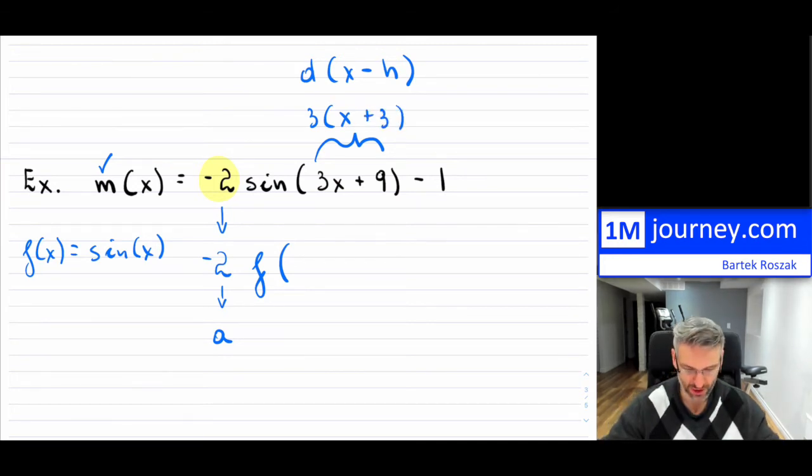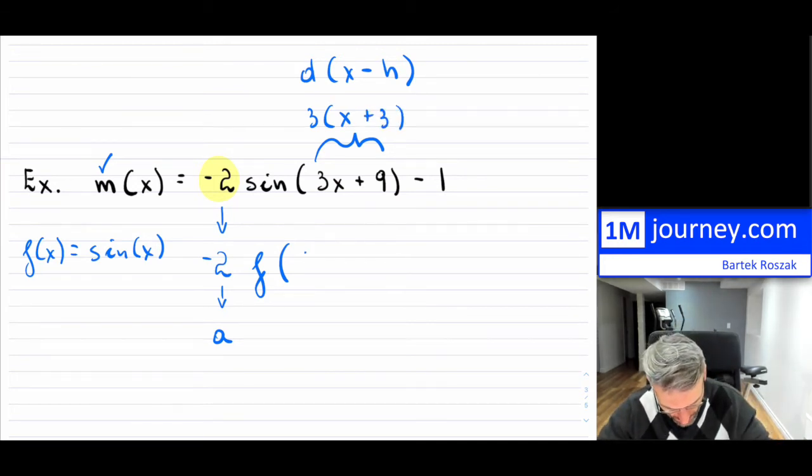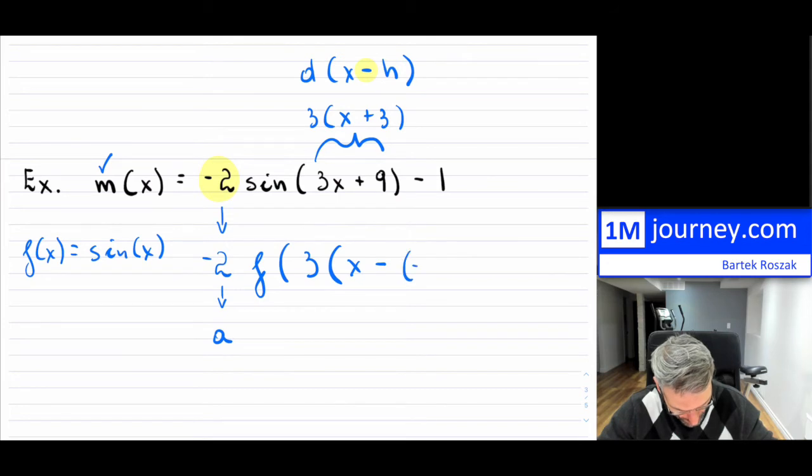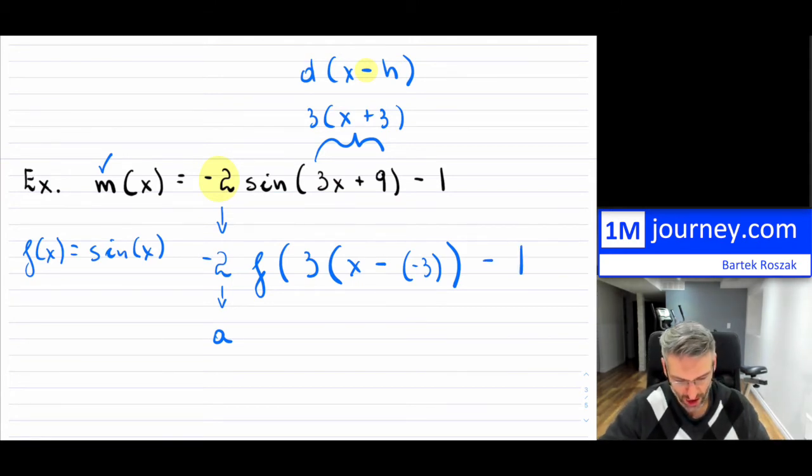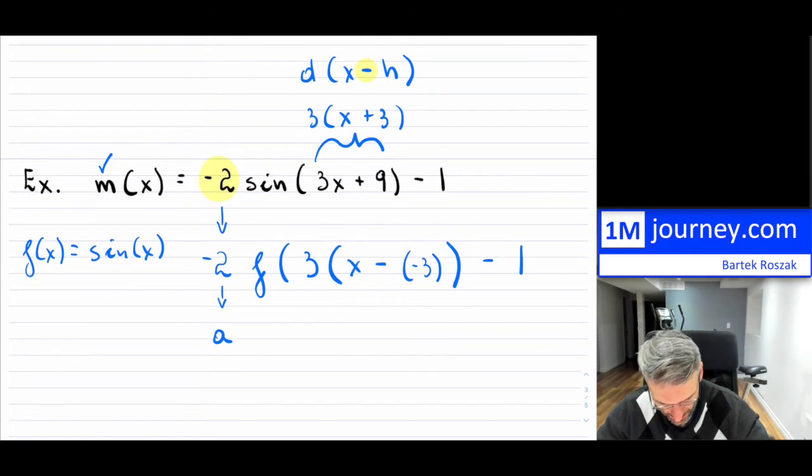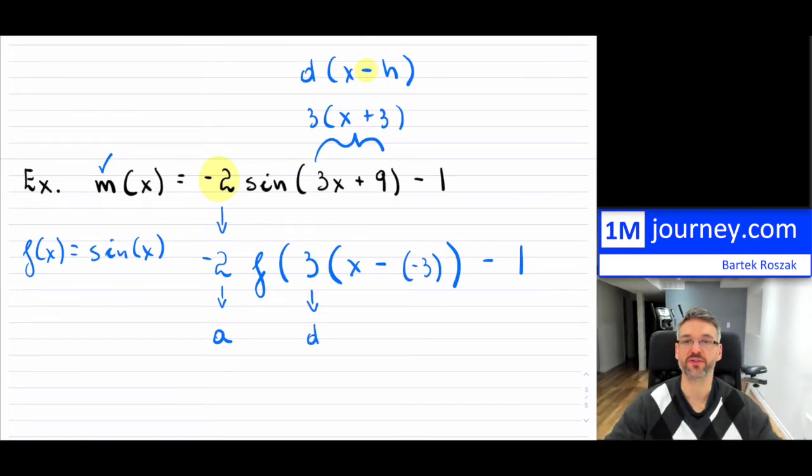So this is going to be 3x. Now, we have a negative here, so technically this is just negative of -3, because the negatives would cancel. And then we have a shift, this is going to be our K. So there we have it. That's our D. So our D is going to be 3.